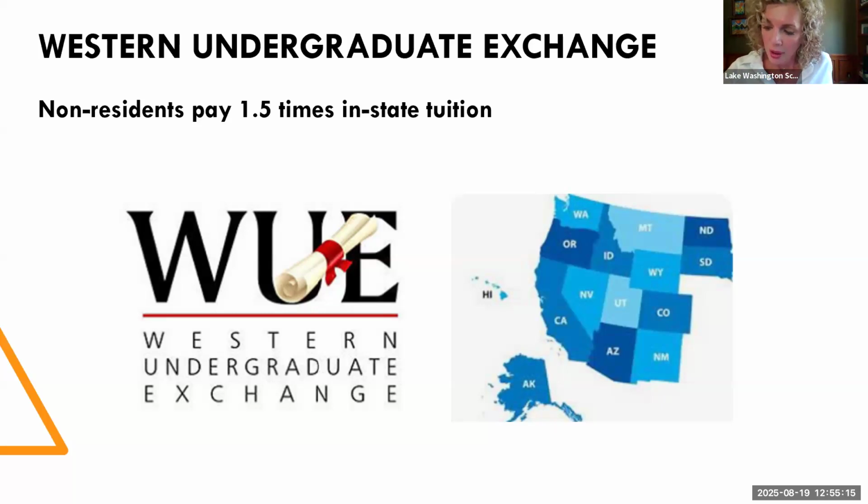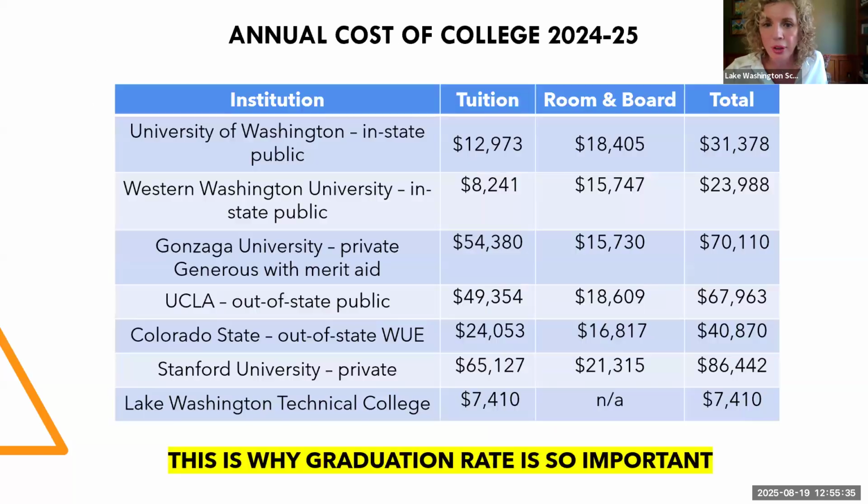But if you are interested in applying to a WUE school, just know that WUE scholarships are not unlimited. So the earlier you apply, the better. I wouldn't wait till the last day and say, "Oh, I hope I get WUE." If you're interested in the WUEs, apply early.